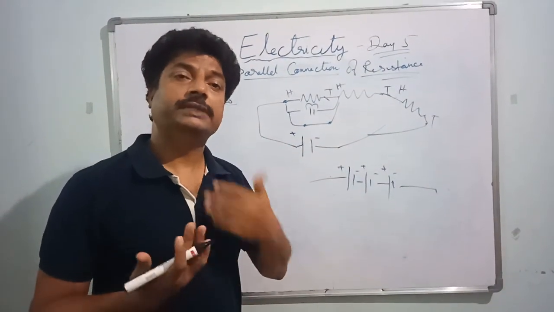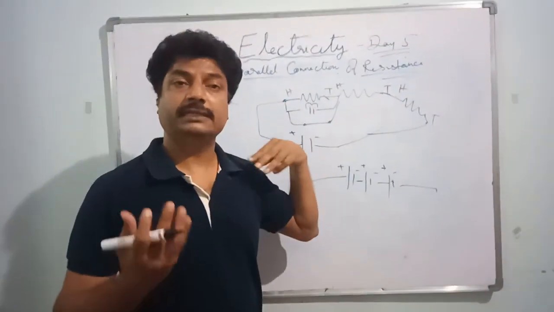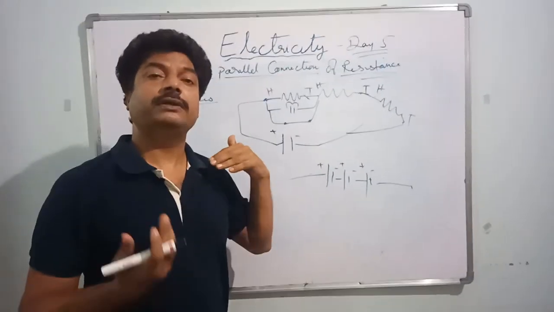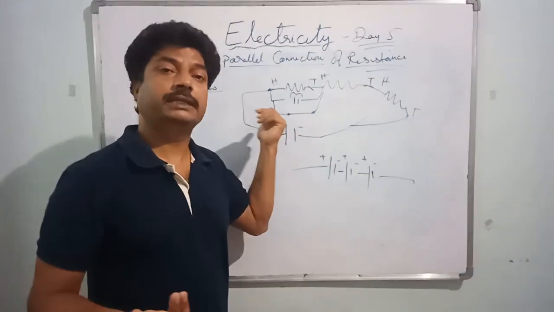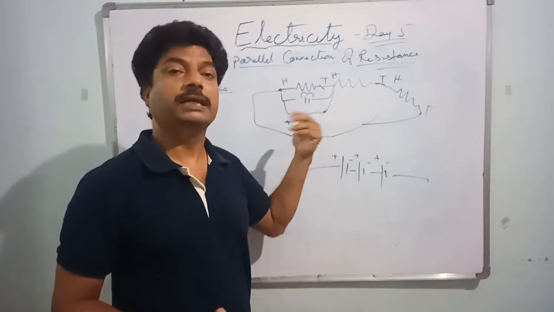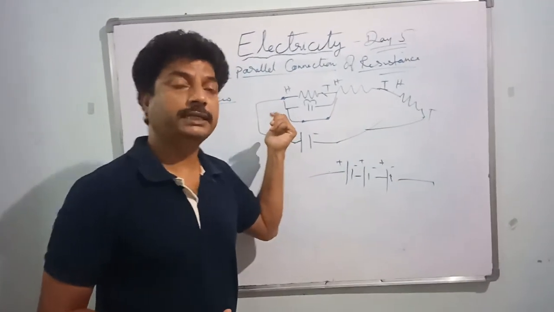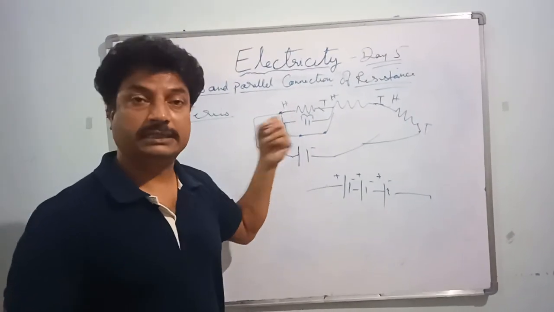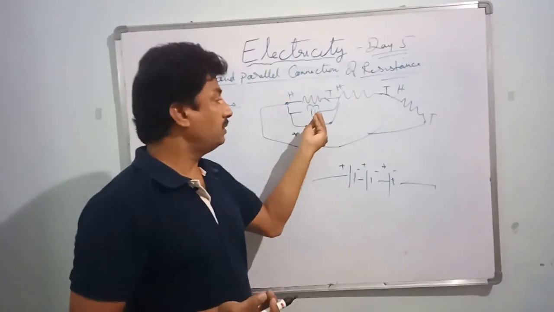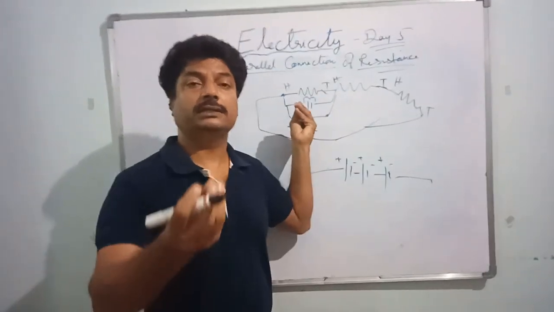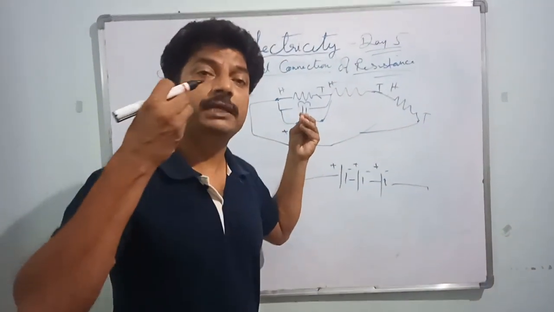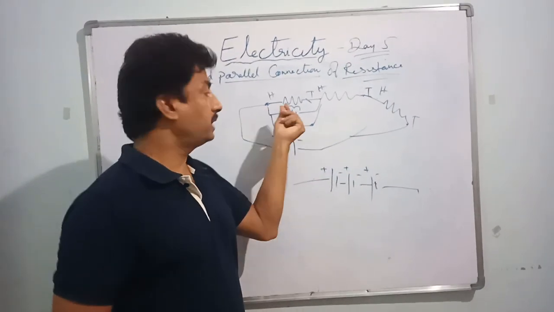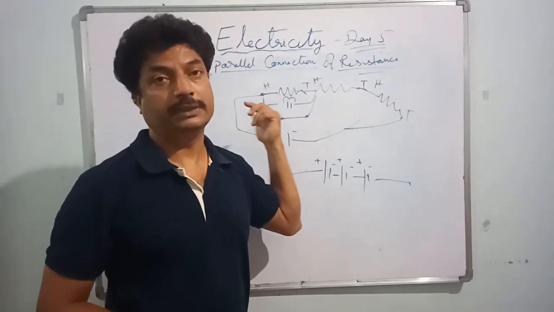You take a TV, a fridge, anything which resists. Every component, every electrical appliance will oppose the current. They all come under resistance only. You can connect them like that.